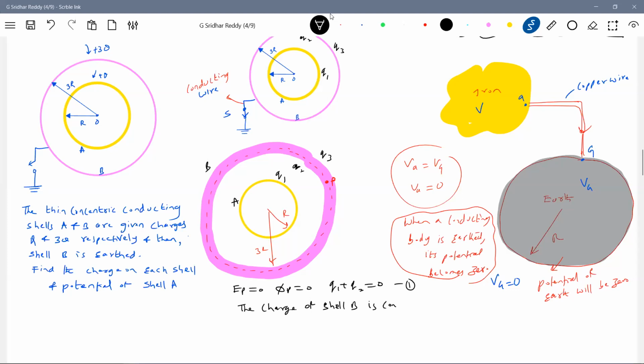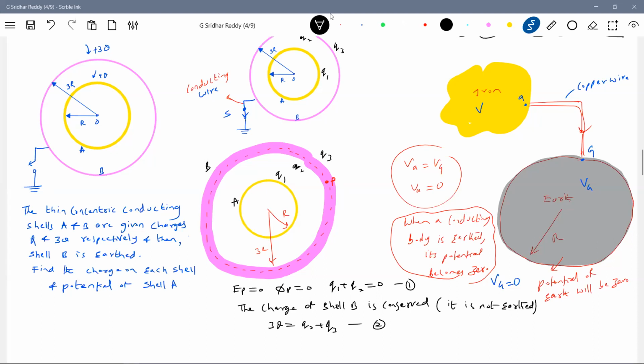What was the charge of shell B? 3Q. So therefore 3Q should be equal to Q2 plus Q3. Equation 2, I got it.